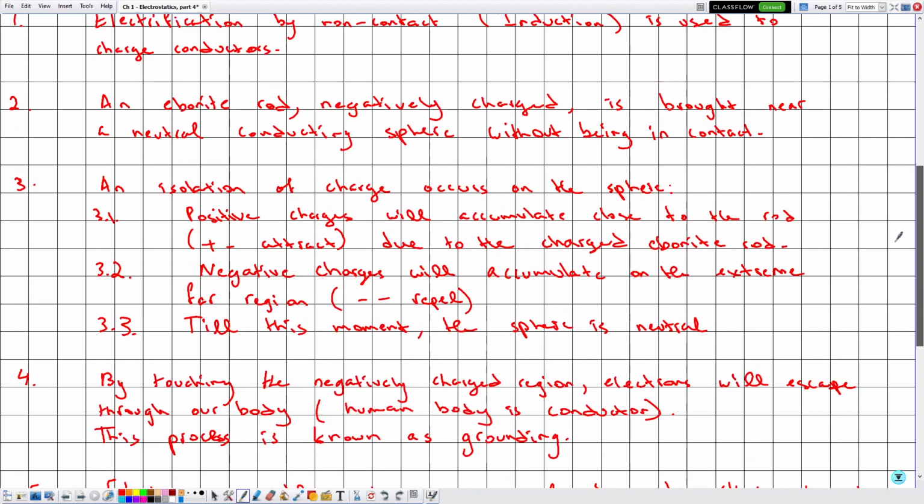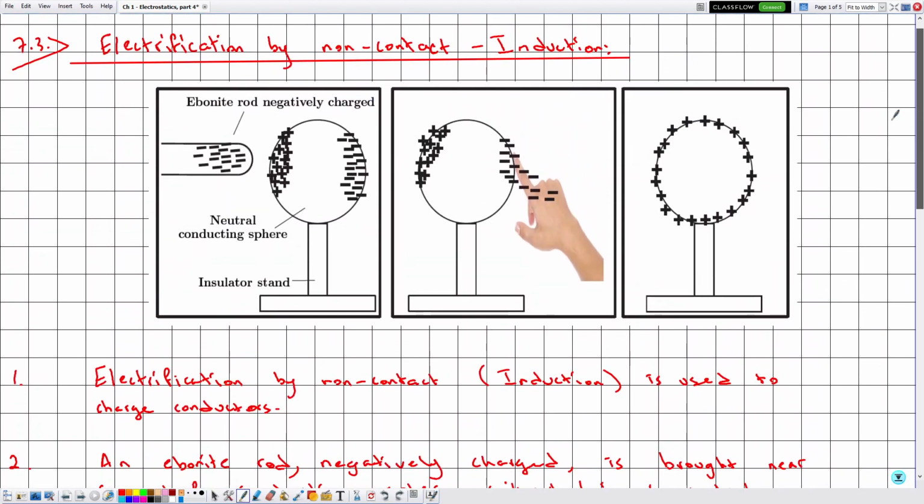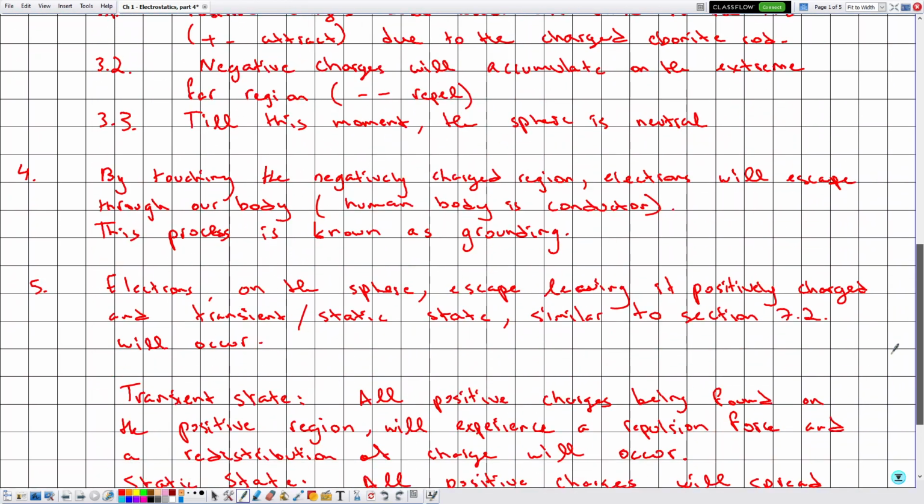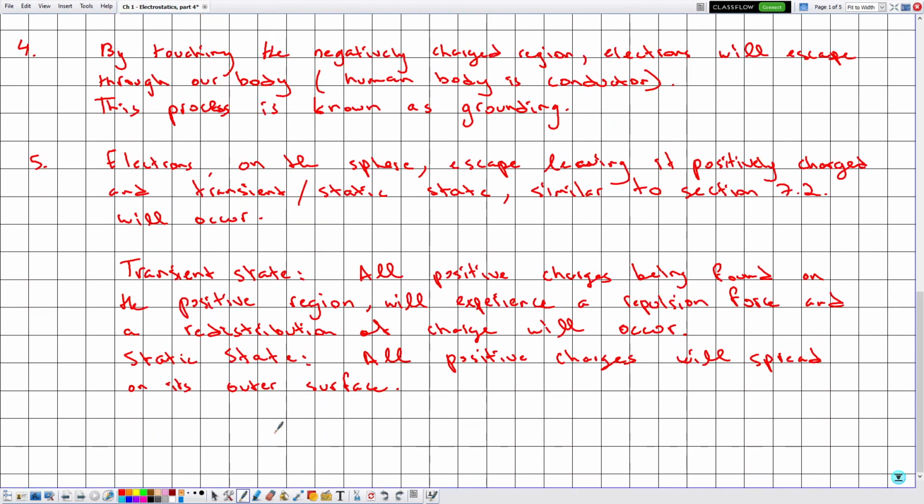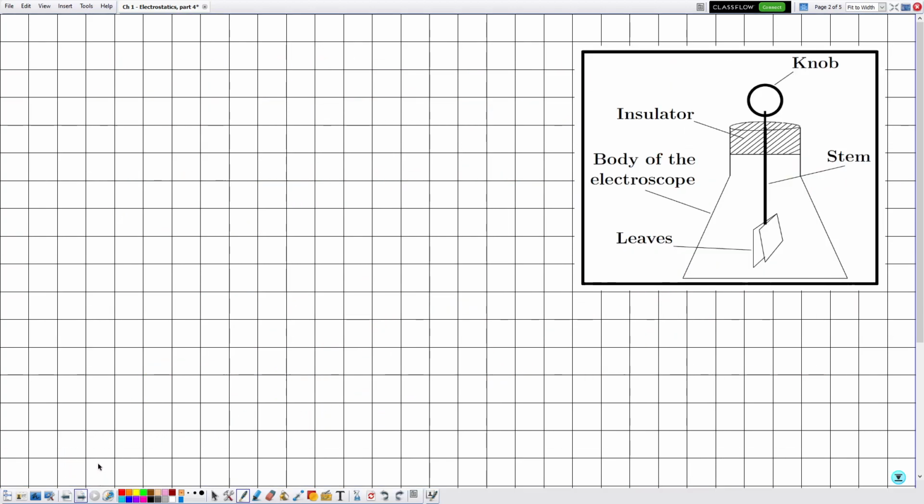So basically this is the method of electrification by non-contact, which is used to charge conductors also. And now we're gonna move to an important section, which is section number 8, and this is an instrument which is the electroscope.